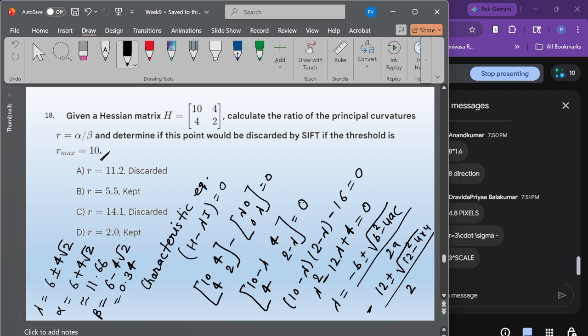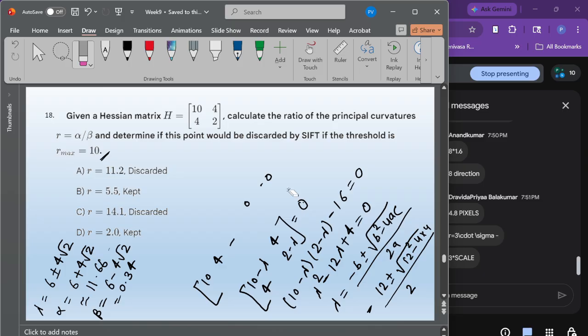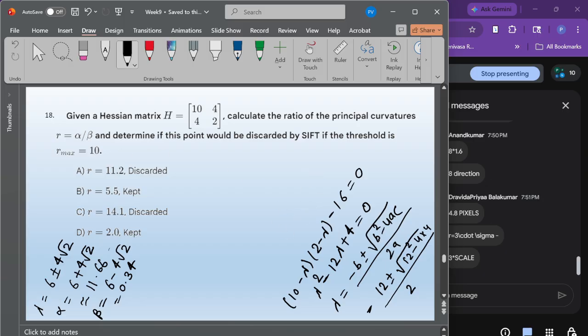Now in the question they have asked to calculate the ratio of the principal curvature. We have got the principal curvature alpha and beta values. Now calculate the ratio. So R is equal to alpha divided by beta, that is also given.